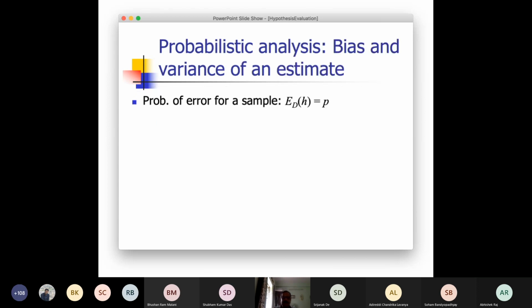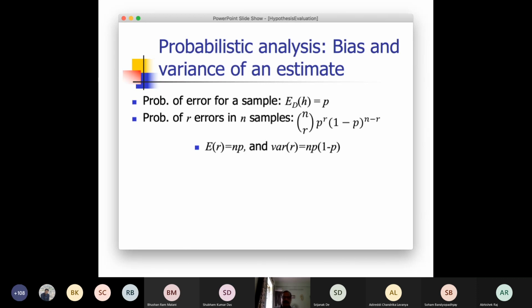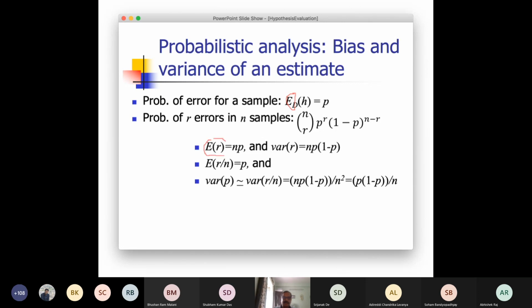So here E is expectation, and this other one is actually representing the error, the estimate of the error. So this bit of ambiguity is there; in my discussion, this is expectation. Is it clear now? Is there any question?